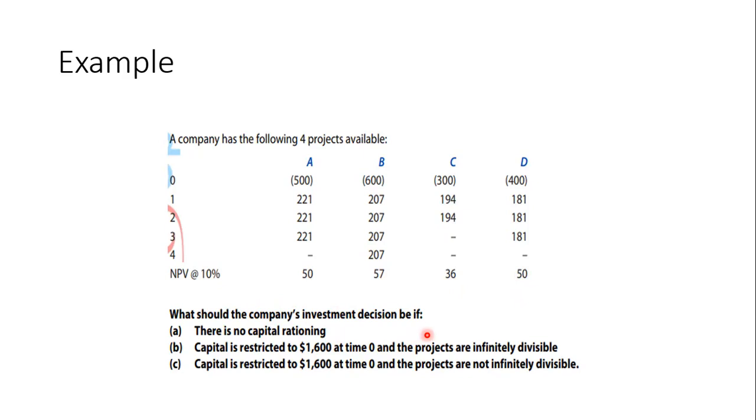B, capital is restricted to 1,600 at time 0, and the projects are infinitely divisible. And C, capital is restricted to 1,600 at time 0, and the projects are not infinitely divisible. Let's see how to answer such a question.